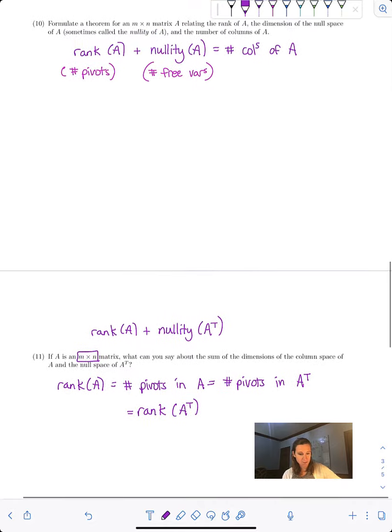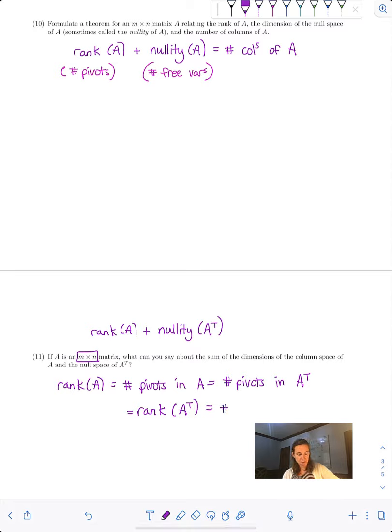And now our rank-nullity theorem applies just as well to a transpose matrix, right? So the rank equals the number of columns of A transpose minus the nullity of A transpose. And since A is m by n, its transpose is n by m, so we have m columns.